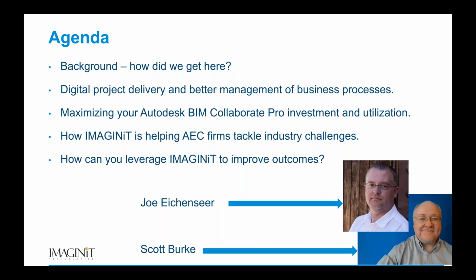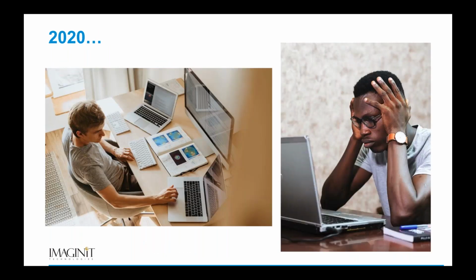From a background side then, if we go on to the next slide, the background to this, in my opinion, so this is a little bit of a Joe Eikenseer getting on a soapbox and talking on a street corner. A lot of this comes back to 2020 when everybody started shutting down, deciding we had to work from home because COVID was coming around.